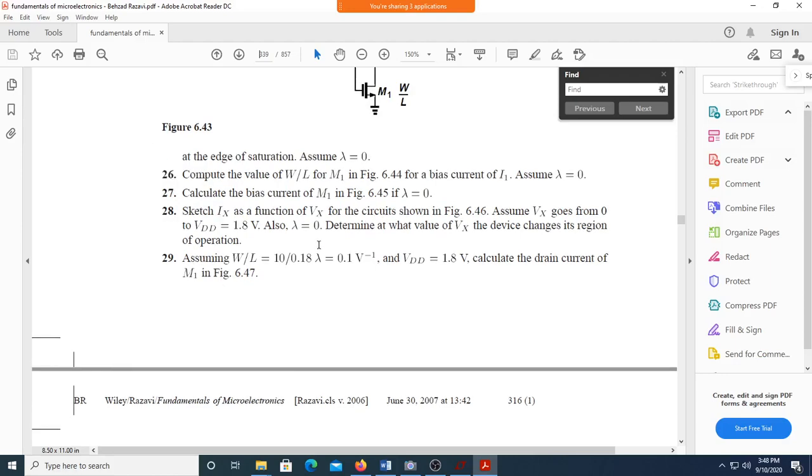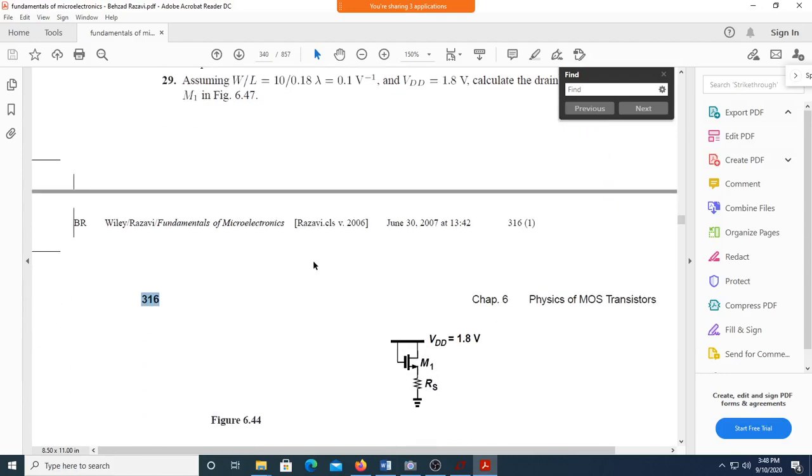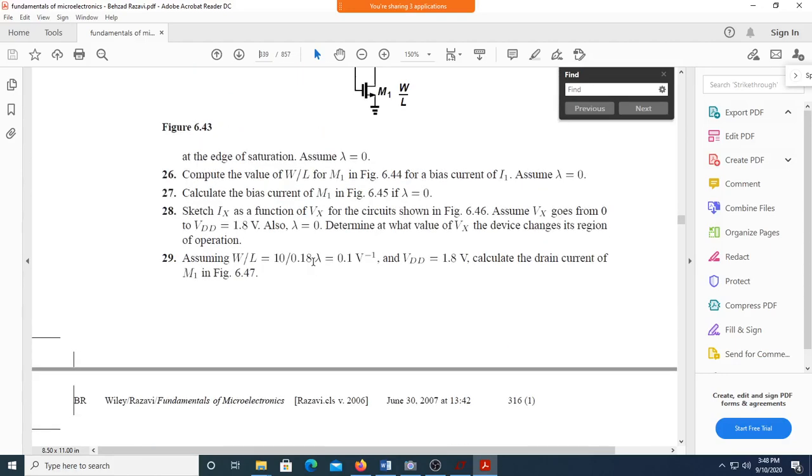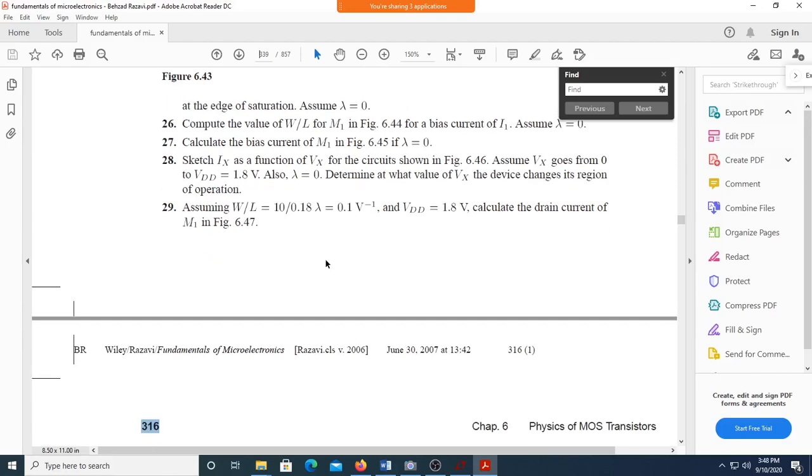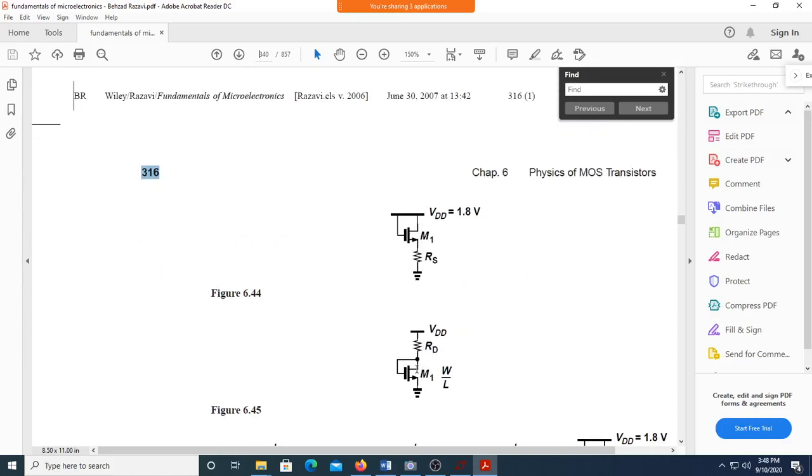Assume alpha is equal to 0. They have not given the value of I1, so you just consider it as a general I1 value and give the equation. Then calculate the bias current of M1. What does bias current mean? It is the drain current, ID. Here also the bias current is I1.